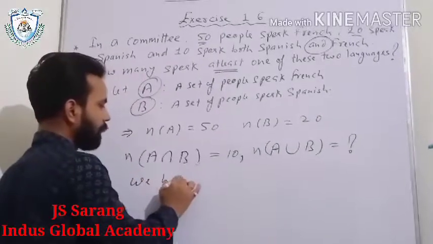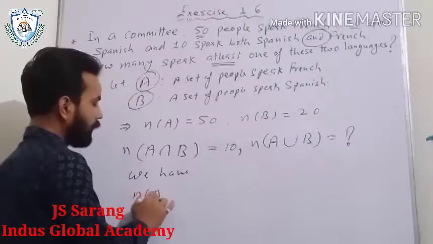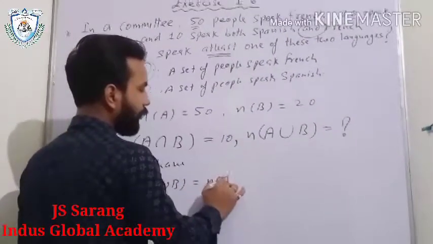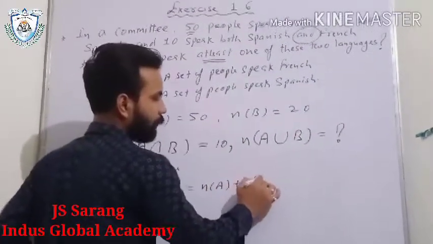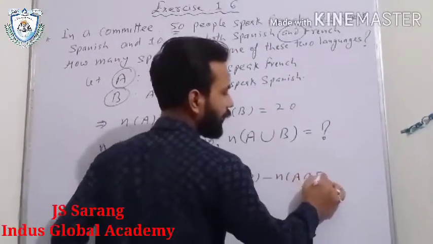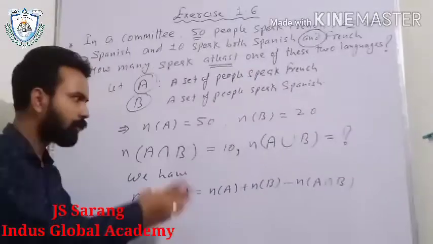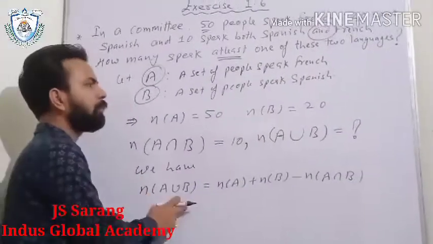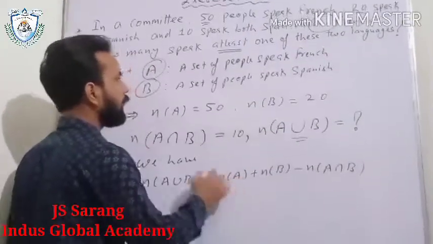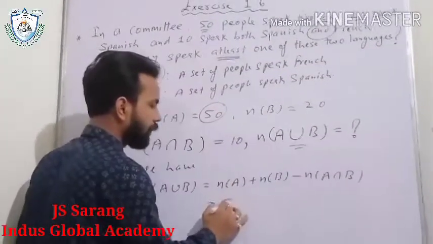We have the formula n(A union B) is equal to n(A) plus n(B) minus n(A intersection B). Substitute all the values here. A union B, we have to find out. And n(A), the number of elements in A, is 50.